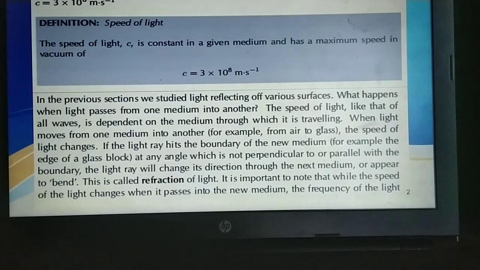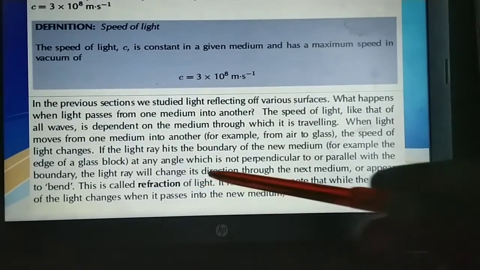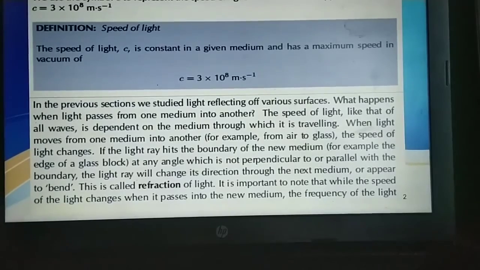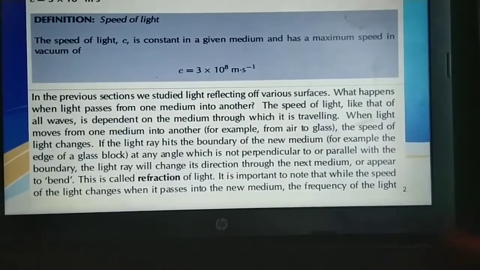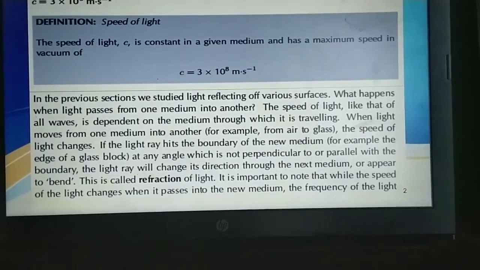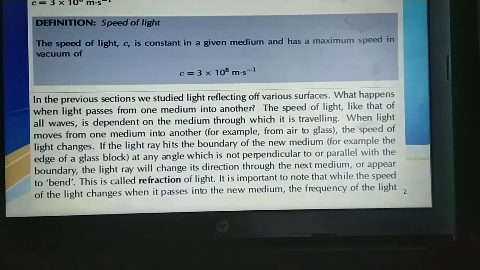So if a light hits a boundary of a new media, for example, once again, a glass block at any angle which is not perpendicular or parallel with the boundary, the light ray which is going to be formed there will change its direction through the next media. So it will appear in a bent way.